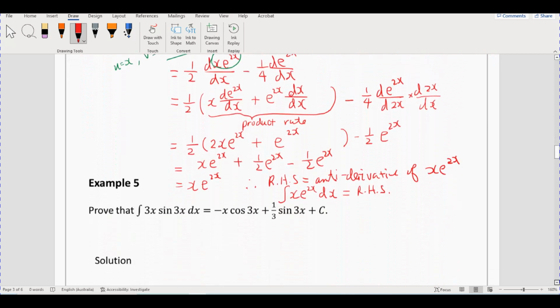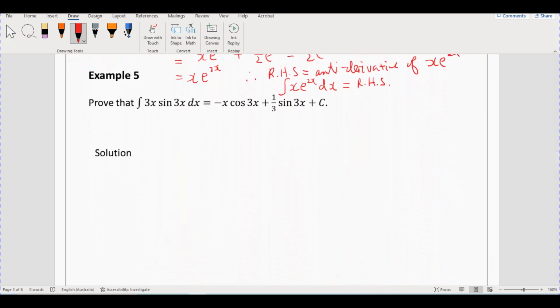So again, for example 5, we will try to do the differentiation of the right hand side rather than the integration of the left hand side. Even though when you look at the left hand side, 3x is simple, right? Sine 3x is also quite simple in terms of integration, but when they combine, it's just impossible to integrate.